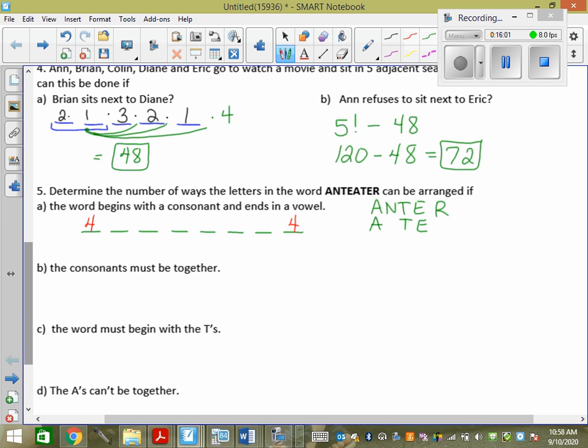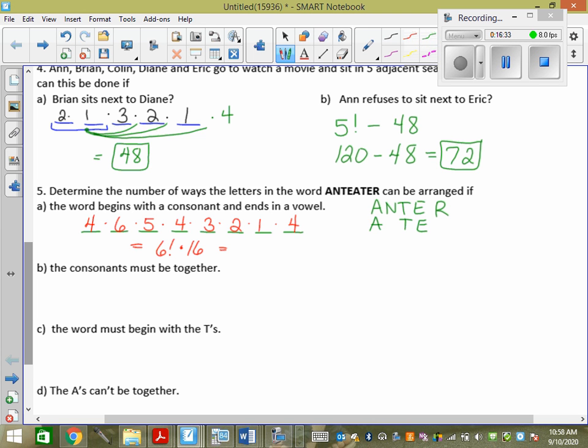How many letters have I left behind now, though? 2. How many do I have left? 6 for this blank. So I'm going to put 6 here then. 5 then. 4, 3, 2, 1, blast off. So if I can say 6, 5, 4, 3, 2, 1, blast off, I can say 6 factorial. And what am I going to times it by? 4 times 4, which is 16.